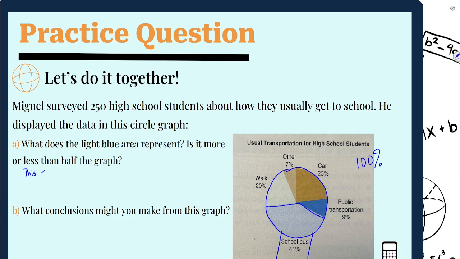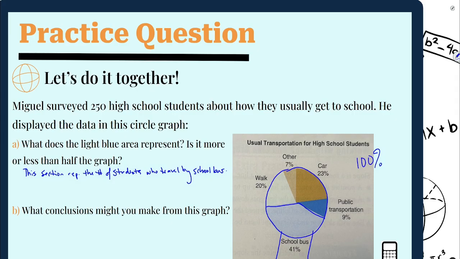This section represents the number of students who travel by school bus. Then it says, is it more or less than half the graph?